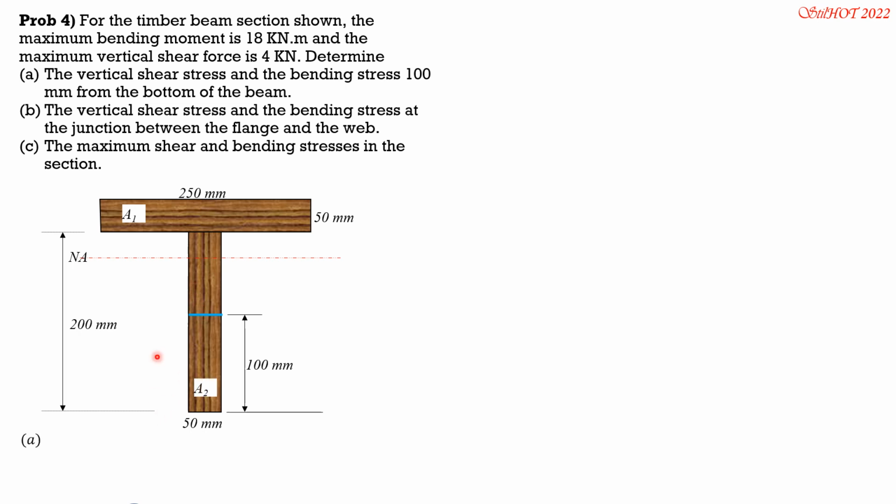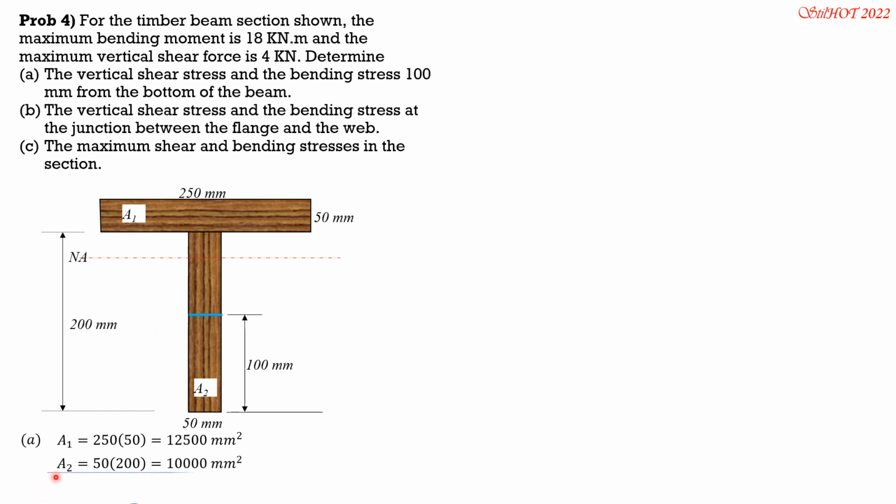So area 1 is 250 times 50 mm, so it is 12,500 mm square, while area 2 is 50 mm by 200 mm, and therefore it is 10,000 mm square.